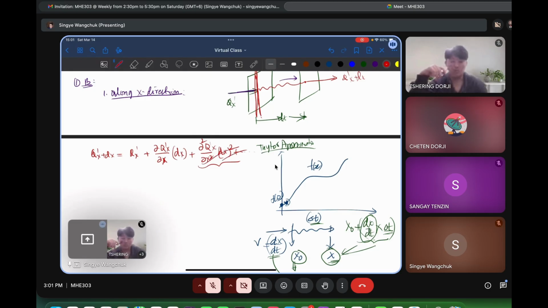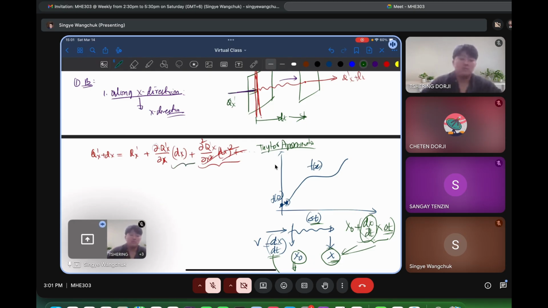So when you drop this, and now you are saying it's along only the x direction, you can replace these partial derivatives with the ordinary derivatives along the x direction.